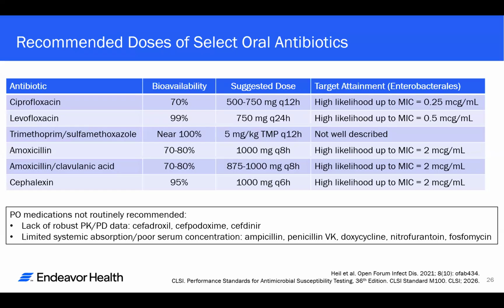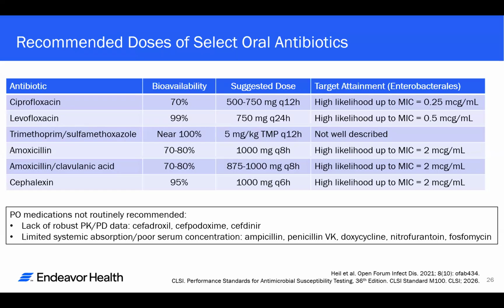What's really interesting is the oral beta-lactams. And so you can see they were recommending amoxicillin, amoxiclav, and cephalexin. And you can see the comparative bioavailability is there, but the bioavailability isn't everything. We need to make sure that we get enough of the antibiotic to the site of infection, have good concentrations. With beta-lactams in particular, we need free drug above the minimum inhibitory concentration, or MIC, for a certain amount of time, and we refer to that as the target attainment.